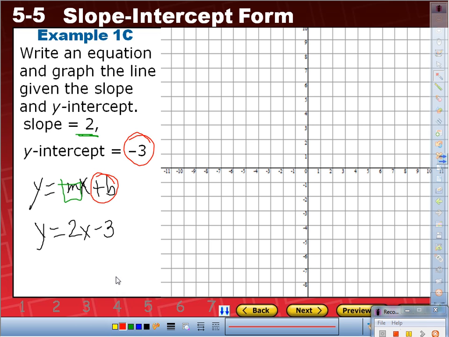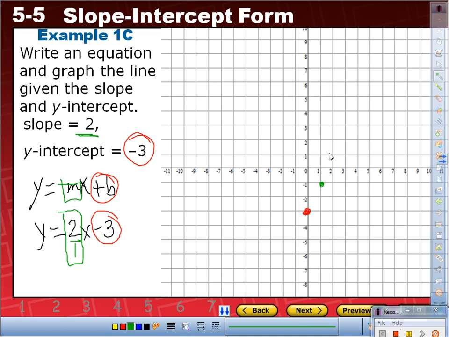Okay. Next, let's graph. I'm going to circle my y-intercept, which is what? -3. -3 is right here. From there, I'm going to use my slope. My slope now becomes a fraction, which is 2 over 1. How many steps? 2 up, 1 to the right. So from here I go 1, 2, 1 to the right.